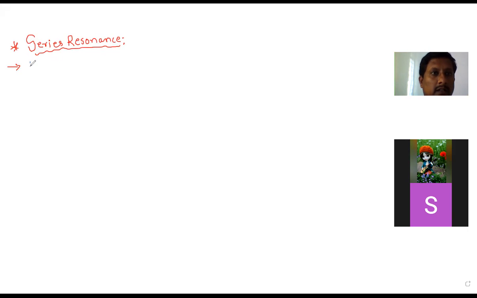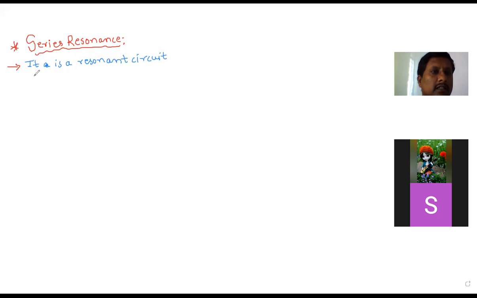A capacitor, inductor and AC voltage source, when they are connected in series, form a series resonance circuit. Yes, very good. It is a resonance circuit, or series resonance circuit, we can consider.